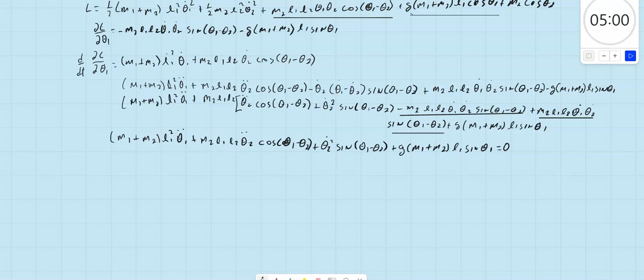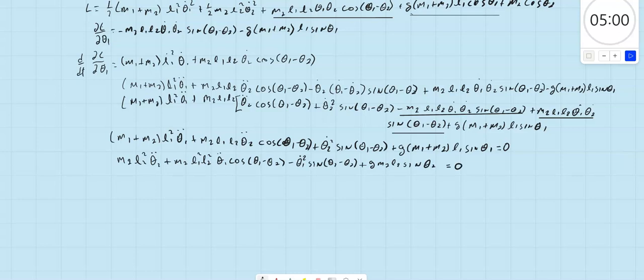I have too many videos, so I'm just going to write my second equation of motion, which is going to be m2 L2 squared theta 2 double dot plus m2 L1 L2 theta 1 double dot cosine (theta 1 minus theta 2) minus theta 1 dot squared sine (theta 1 minus theta 2) plus my potential, which is g m2 L2 sine theta 2, and this must be equal to 0.